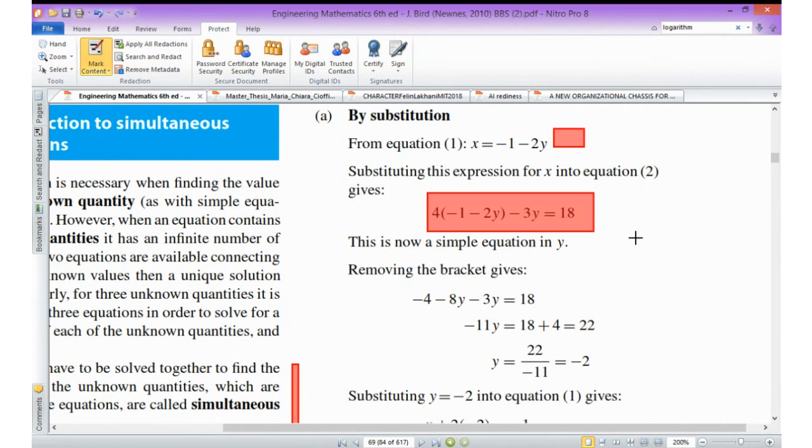Then, using your mathematical foundation knowledge, you can expand that equation, open the brackets. When you open the brackets, you're going to get this value here.